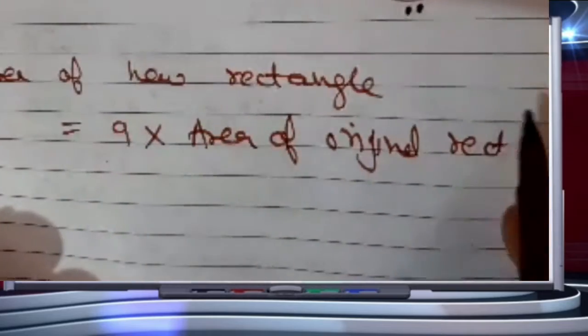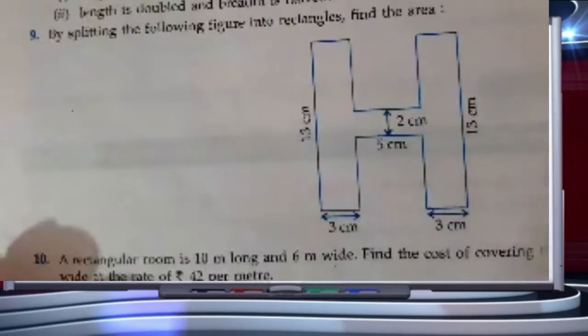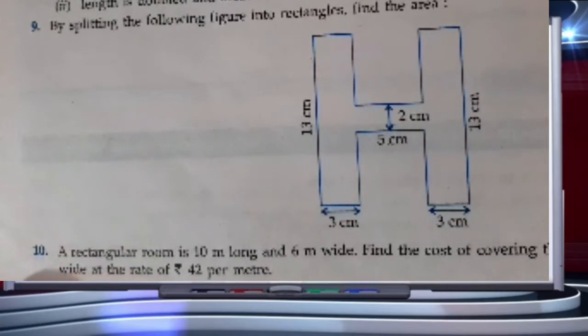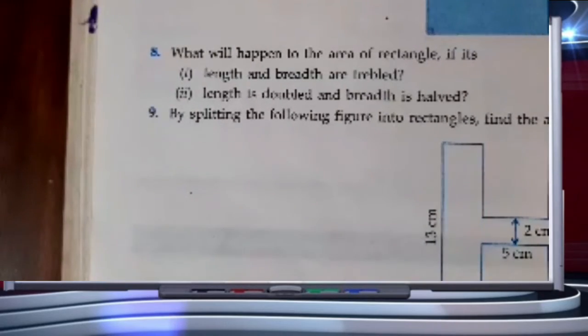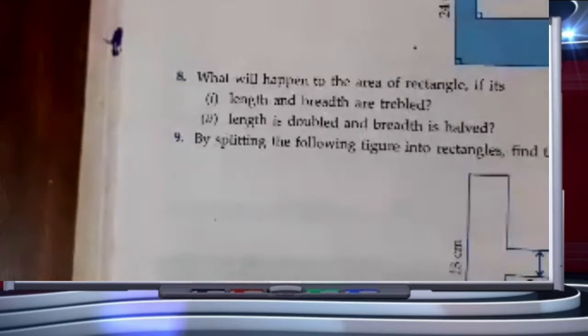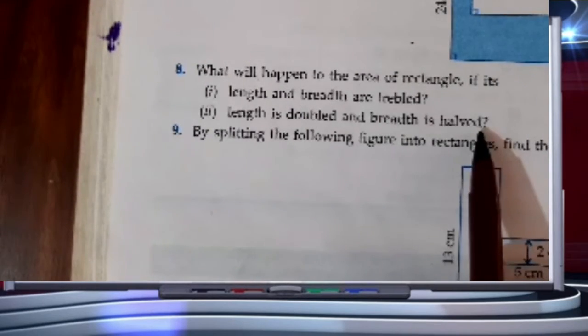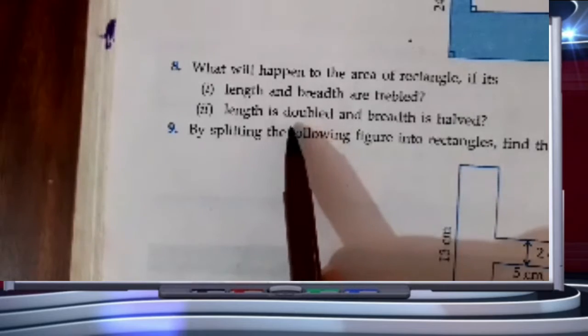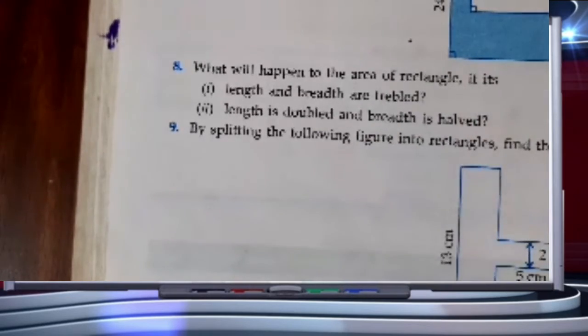Now same ways we will do the second part also. In second part, length is doubled and breadth is halved. Here we have to do length 2 times and breadth we have to do it half.